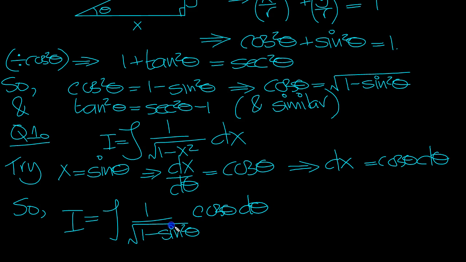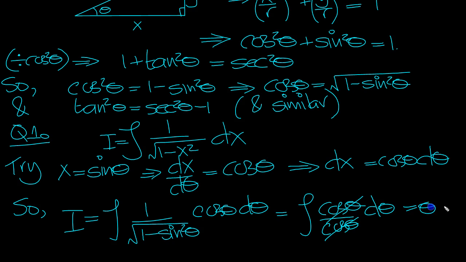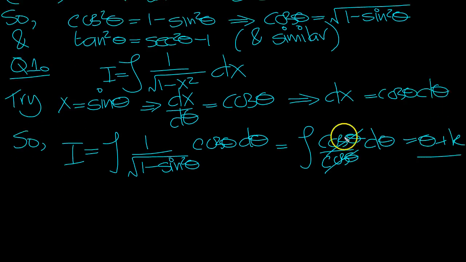1 minus sine squared is cos squared, and the square root of that is cos, so this is 1 over cos. So it's cos theta over cos theta, which is nice, because that's just 1. And the integral of 1 d theta is equal to theta plus k. And theta, that was our substitution, wasn't it?